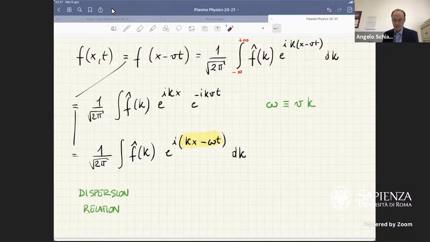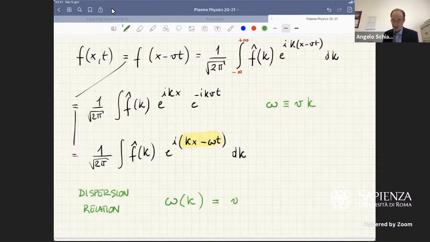As we'll see, this relation is a function that links omega as a function of k, or k as a function of omega. And in our case, omega as a function of k is just the definition that we used above. So a very simple dispersion relation.